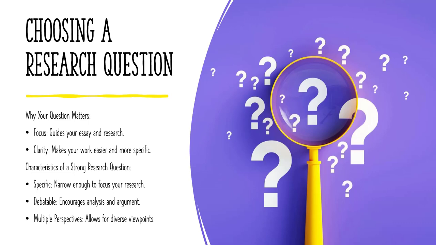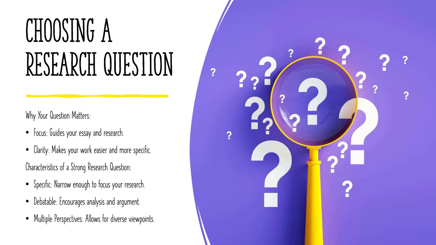Now let's talk about the characteristics of a strong research question. Specific. Your question should be narrow enough that you can research it in depth. A broad question will make it difficult to stay focused and organized. Debatable. A good research question invites analysis and argument. It's something you can discuss, explore, and present different viewpoints on, rather than just stating a fact.